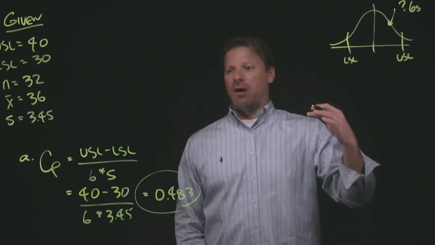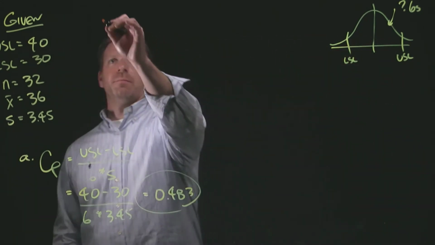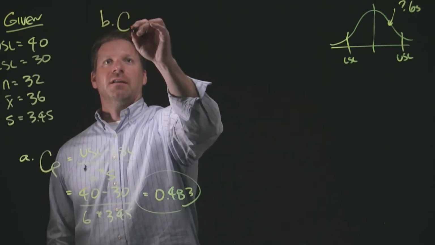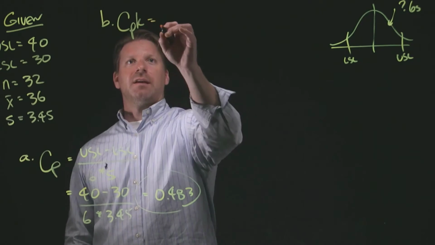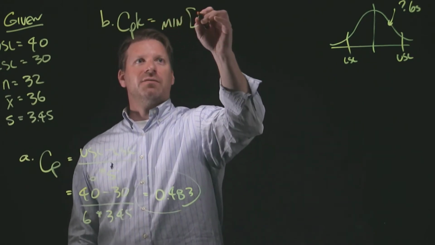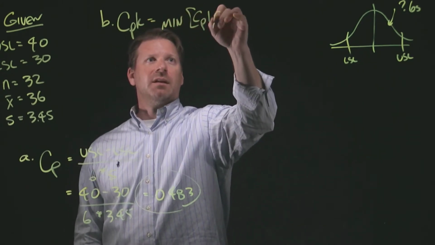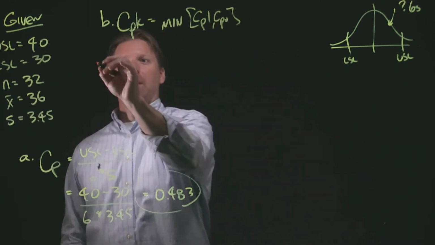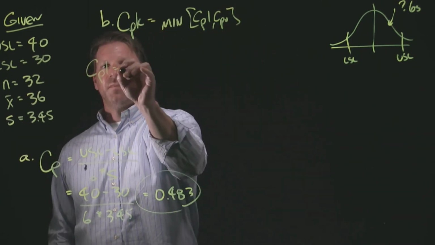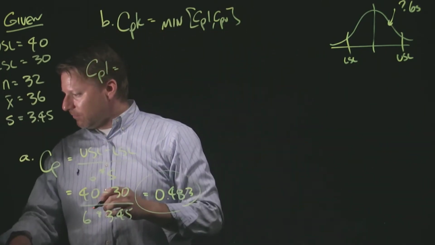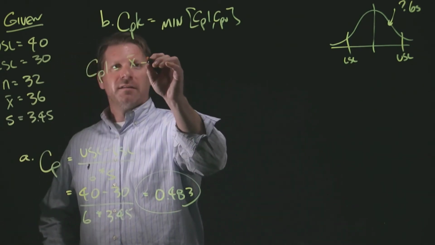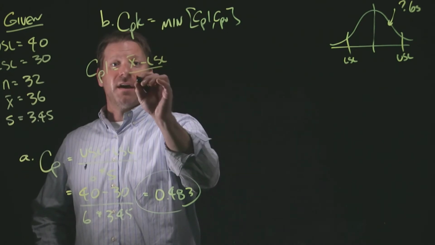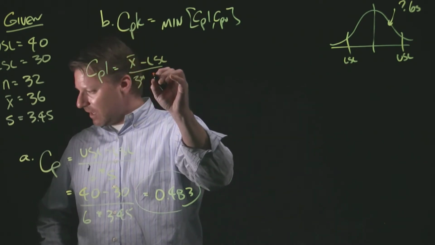Now, the higher bar. In part B here, we're going to calculate the CPK. The CPK is going to equal the minimum of 2 values, a CPL and a CPU, okay? To calculate the CPL, we take our X bar minus our lower specification limit, all divided by 3 times the standard deviation.